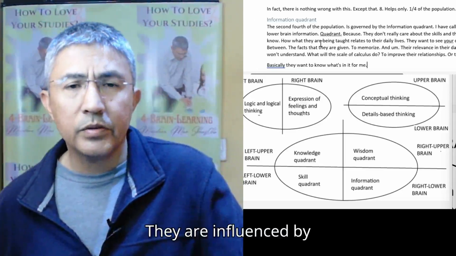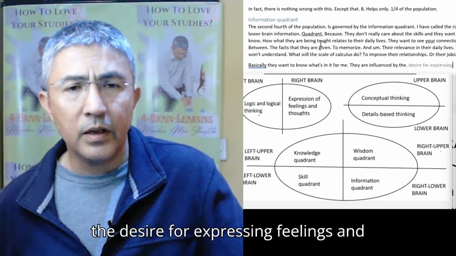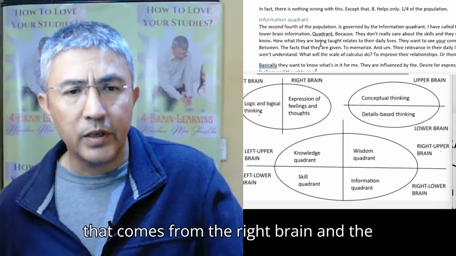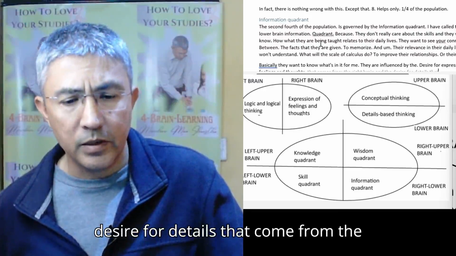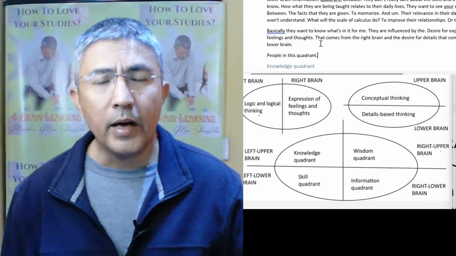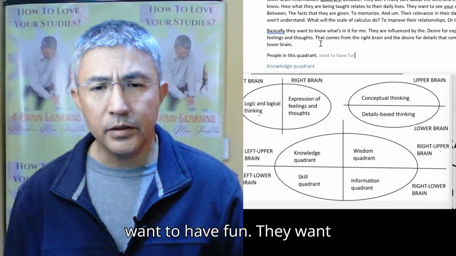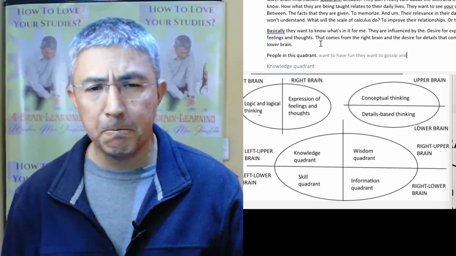They are influenced by the desire for expressing feelings and thoughts that comes from the right brain, and the desire for details that come from the lower brain. People in this quadrant want to have fun, they want to gossip, and feel alive.